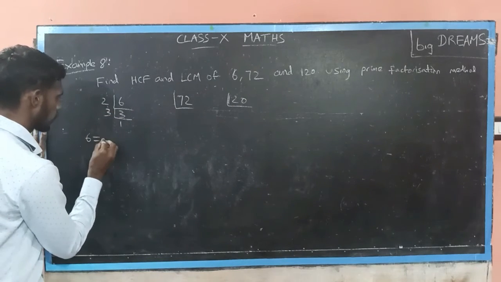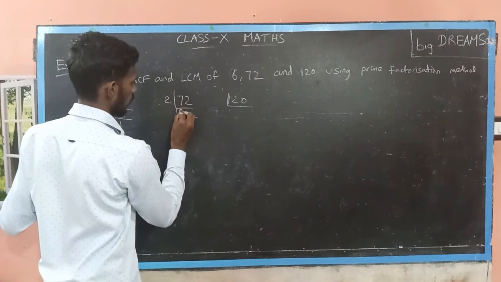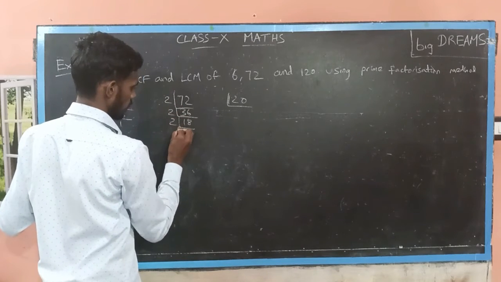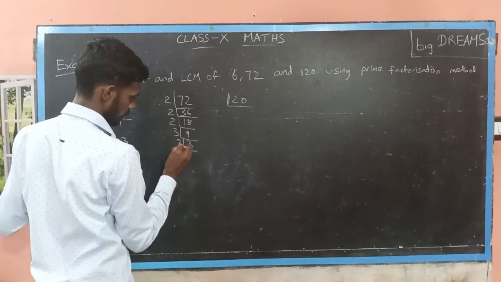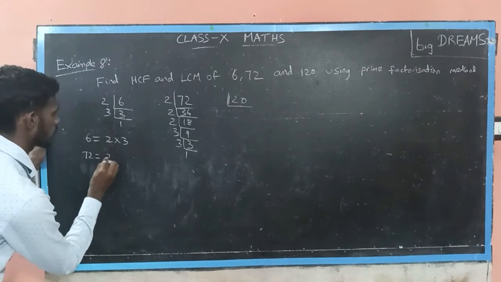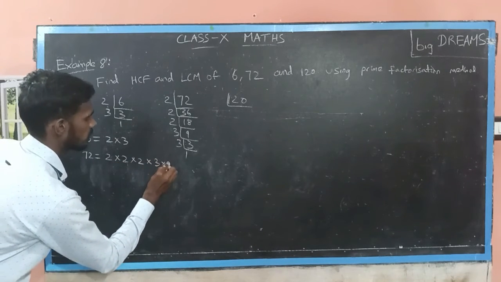So 6 is equal to 2 into 3. For 72, dividing it by 2 I will get 36, and again by 2 18, again by 2 9. So 3 3s are 9, 3 1. 72 can be written as 2 into 2 into 2 into 3 into 3.